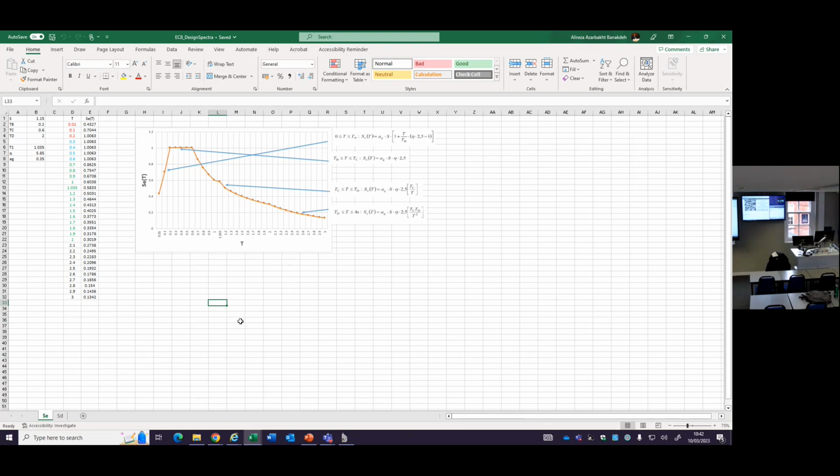A very beautiful shape, and this has principally 4 parts. 1, 2, 3, 4. Forget about this part. This part is because I wanted to calculate for this number, otherwise it's smooth. 1, 2, 3, 4. And each part has a formula. This is the formula for this part, this for the second part, this for the third part, and this is for the fourth part.